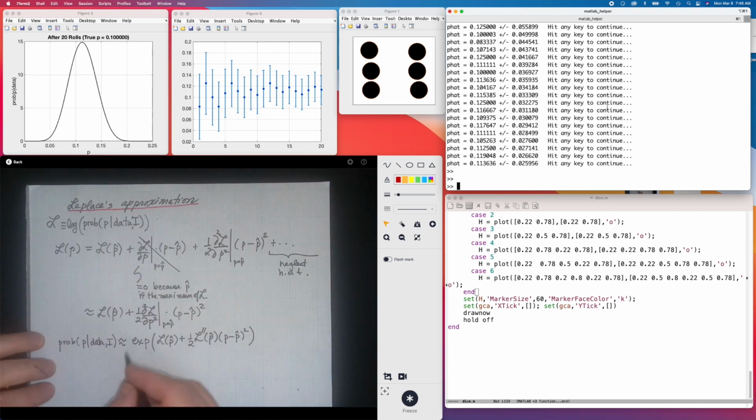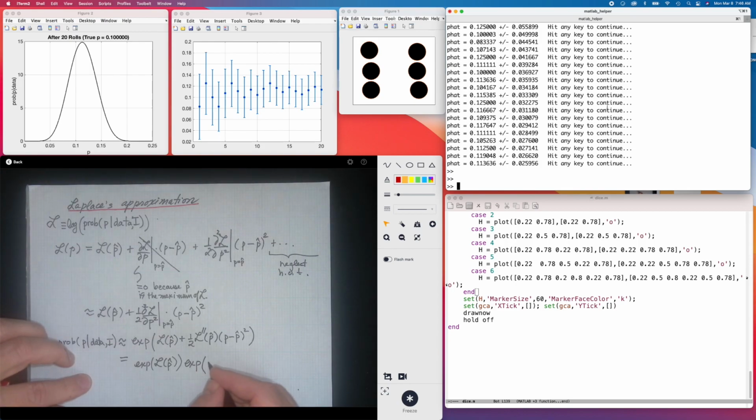And this can be further simplified. Minus 1/2 sigma, and I'll explain what sigma is, times p minus p hat squared, where sigma is equal to 1 over L double prime of p hat, the minus sign, right? Because I have the minus here.